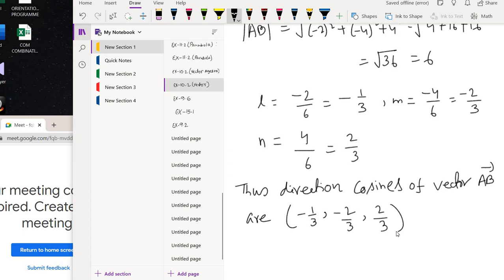Okay, this is the answer. Okay, these are the required direction cosines.